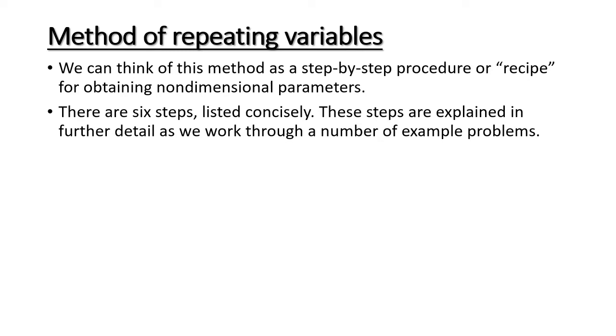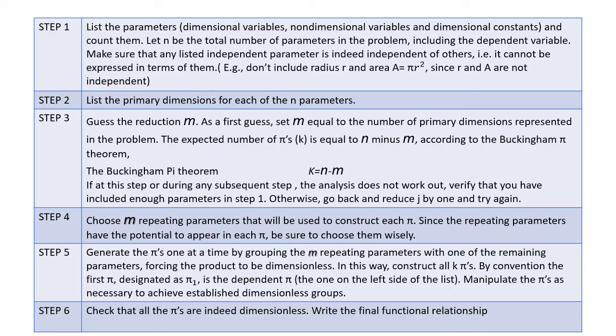So what is the method of repeating variables? We can think of this method as a step-by-step procedure or recipe for obtaining non-dimensional parameters. There are 6 steps listed concisely. These steps are explained in further detail as we work through a number of examples. Whatever we discussed previously under the Buckingham pi theorem heading is written here just in steps, so we'll quickly read this.